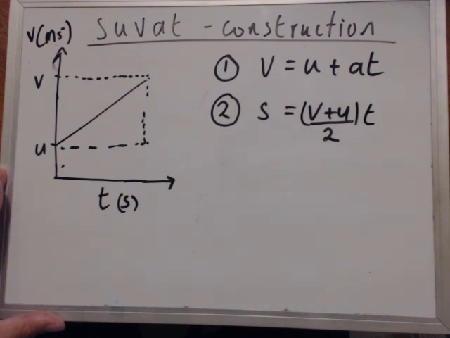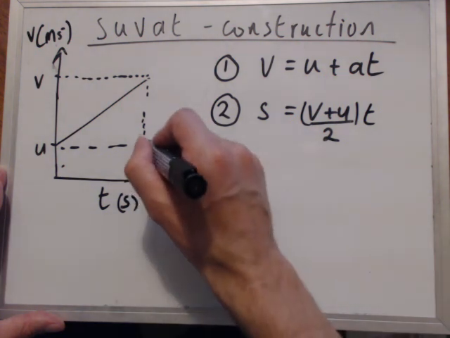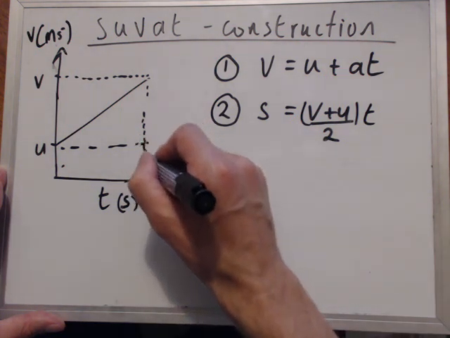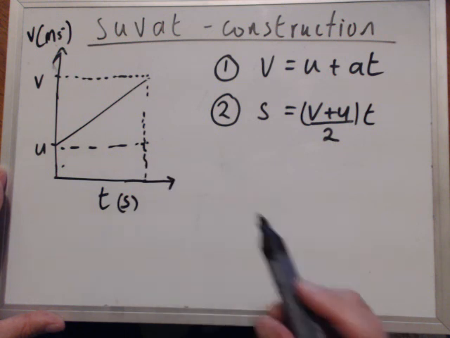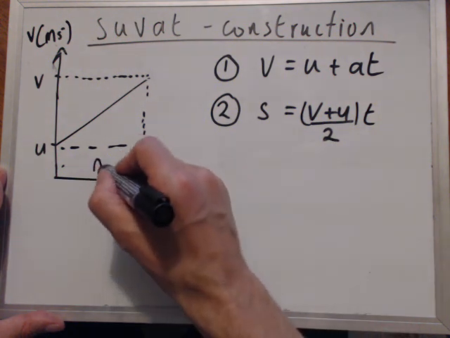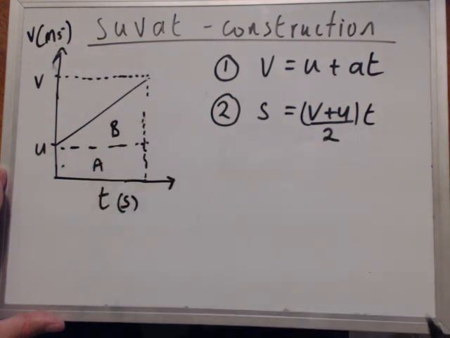Okay. The third equation, we're going to work out from the area under the graph, because the area under a velocity-time graph is equal to displacement. So we have two areas, area A and area B, and we'll add them together.